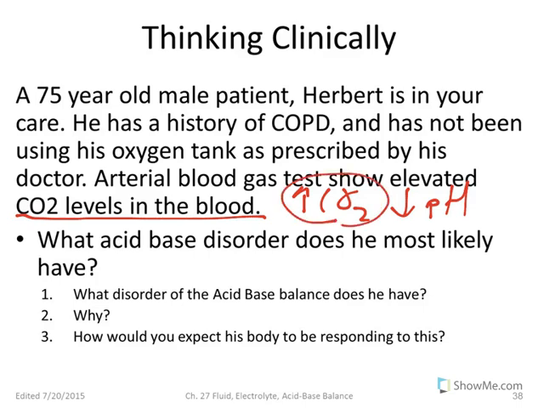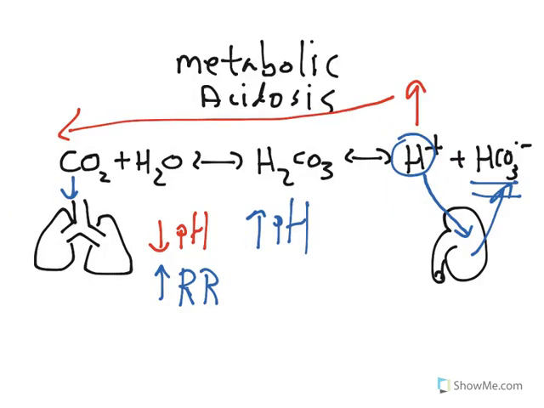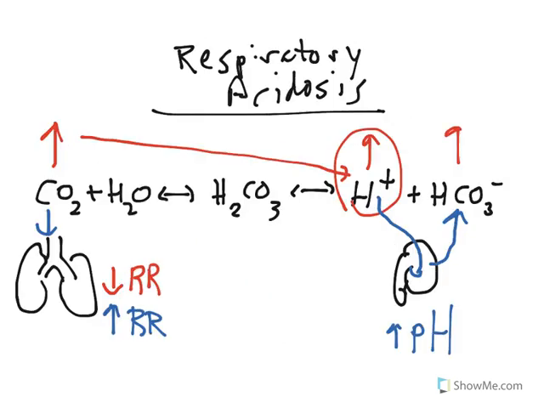That's pretty easy to get there. And with this guy, with his elevated CO2 levels, what would you expect to see with him? Let's take a look at respiratory acidosis. The cause here, guys, with respiratory acidosis is an increase in CO2.